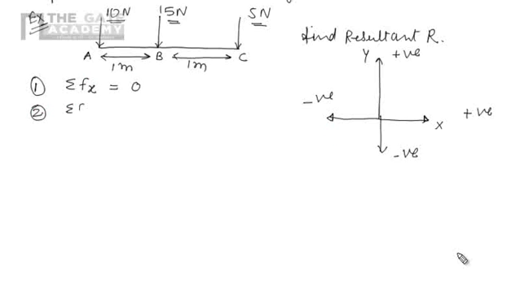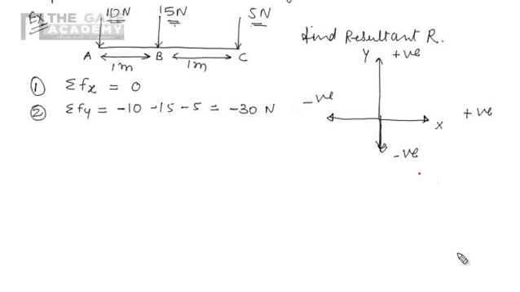Similarly, for sigma Fy, we see 10 Newton, 15 and 5 are acting downward. Downward is nothing but our negative direction. So I will take minus 10, minus 15, minus 5. So it is coming minus 30.